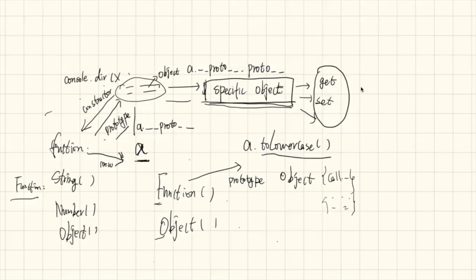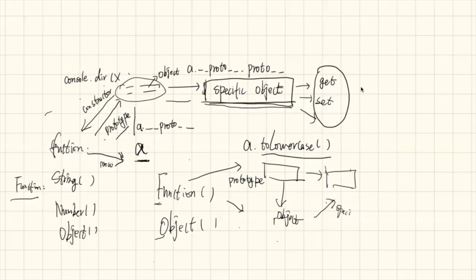So if we use new to define its instance, then all the functions can share those kinds of methods. And how about the proto of this proto? Since this one is already an object, it will link to the specific object we have talked about. Okay, so that's the case for Function.